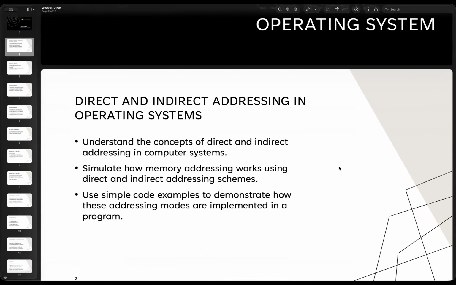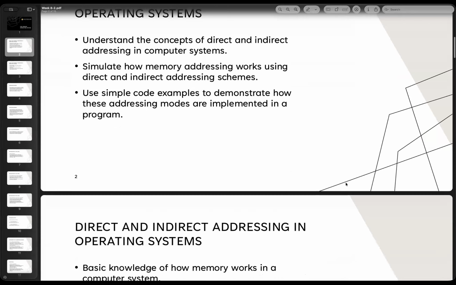I also give you some sample source code in C, so you can try to execute it. Then we can see how memory addressing uses the direct and indirect addressing schemes, and there's an example demonstrating how this addressing mode is implemented in a program. I already uploaded it, so you can download and try to execute it.